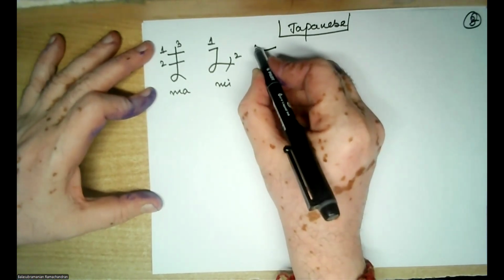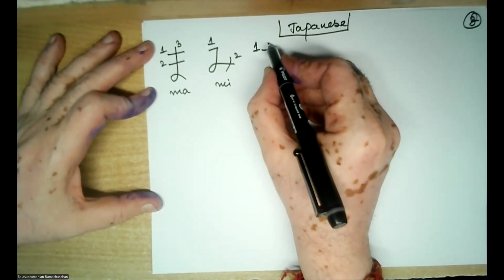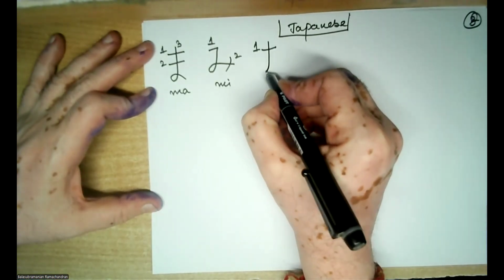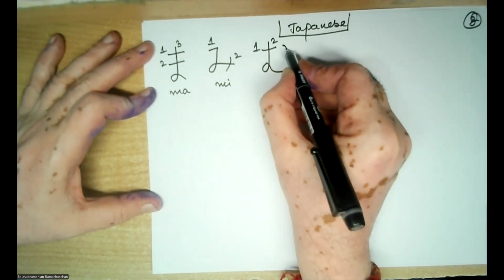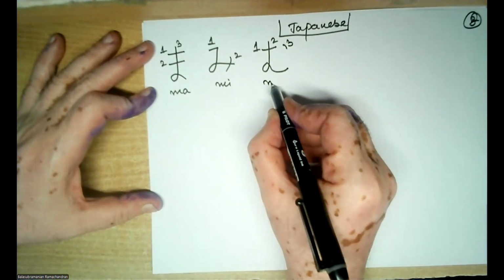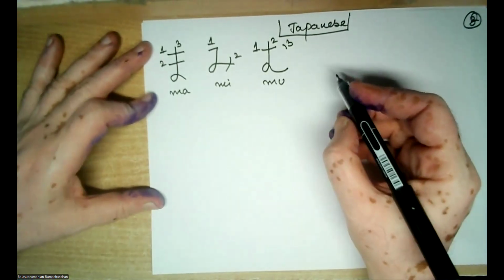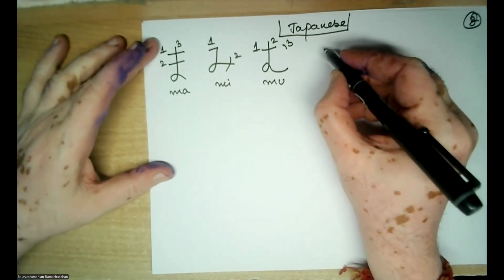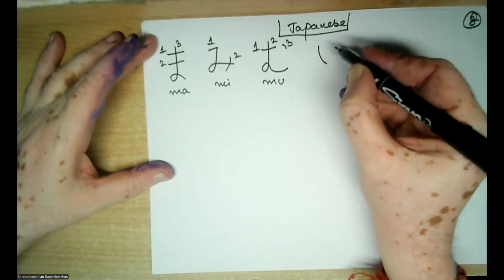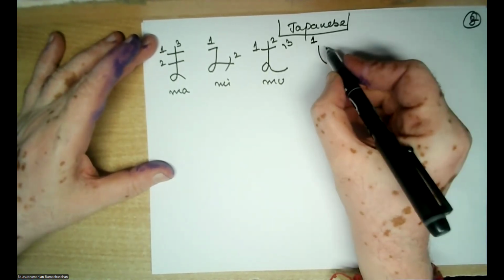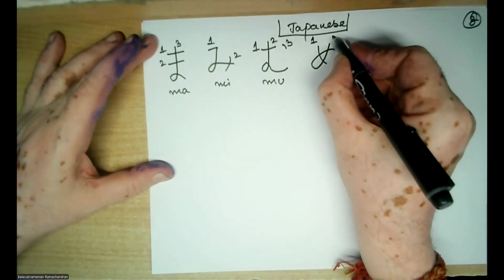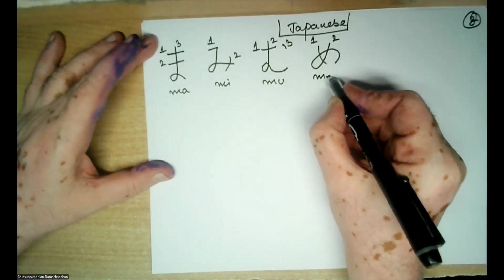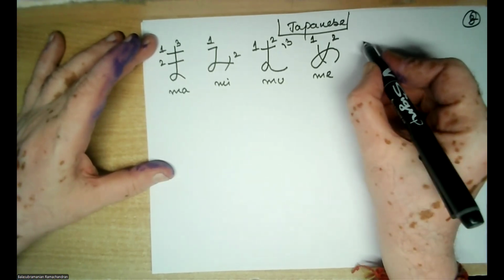Okay, and then you have mu. Stroke one, stroke two, and stroke three. Ma, mi, mu. Then me. Stroke one and stroke two. Okay, me, and then we have mo.